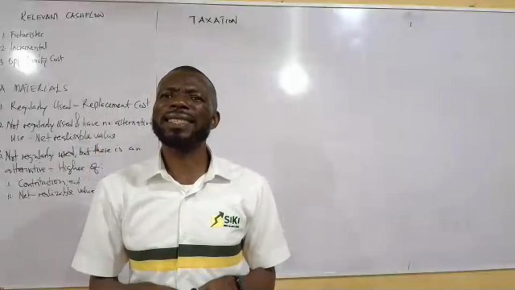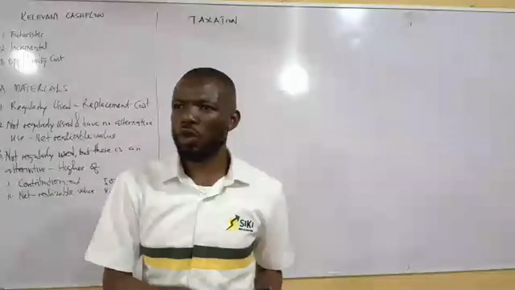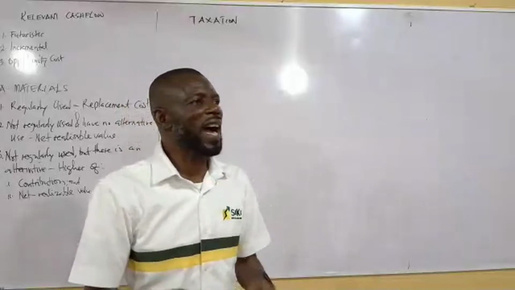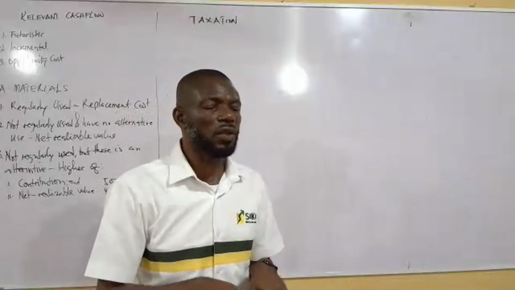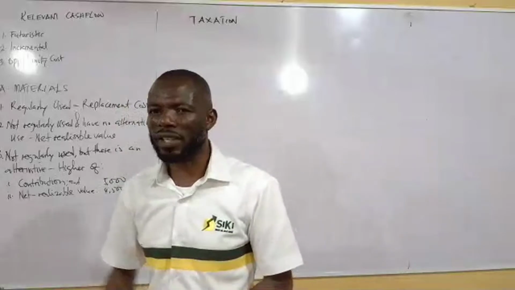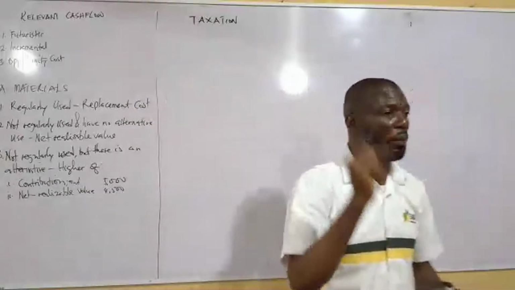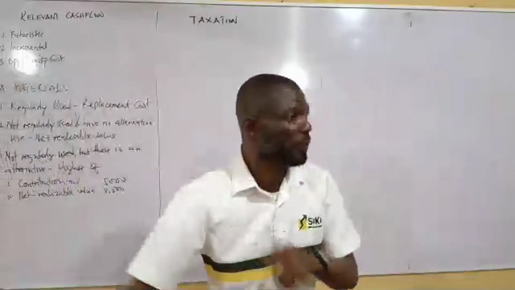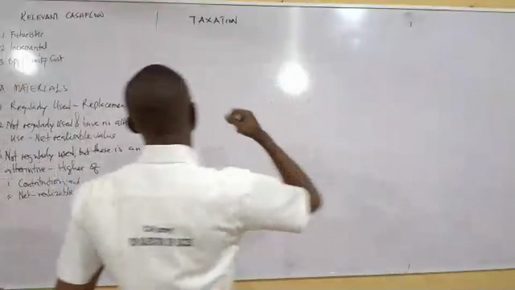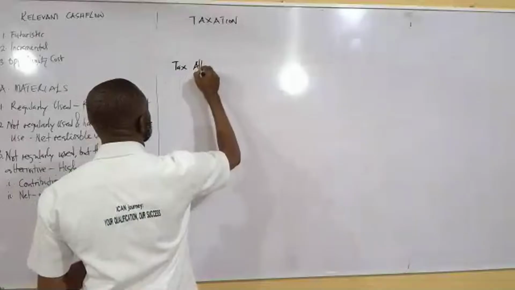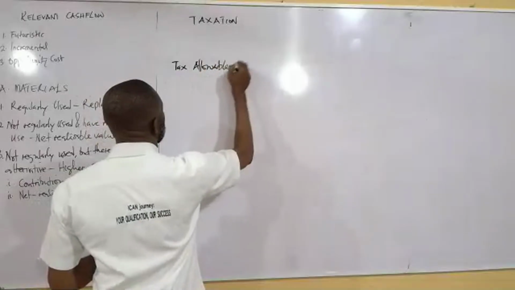For you to get tax savings, you need to get capital allowance. As far as this cost is concerned, we are not calling it capital allowance. We are calling it tax allowable depreciation, TAD, because in the exam question, that's what we call it.